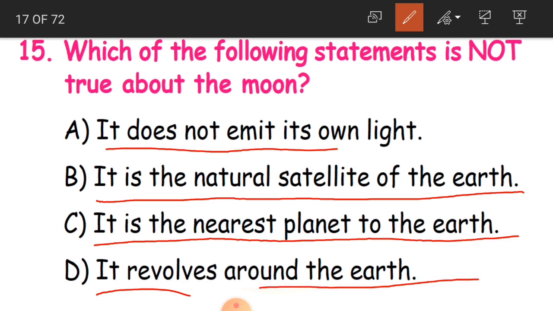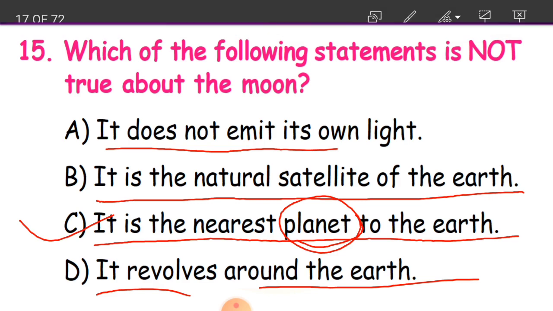So which is not true we have to identify, and that is C. It is the nearest planet of the world. First of all, moon is not a planet. It is a satellite and a natural satellite. So C is the answer. And the remaining 3, A, B, D, these 3 statements are true about the moon. Okay, children?